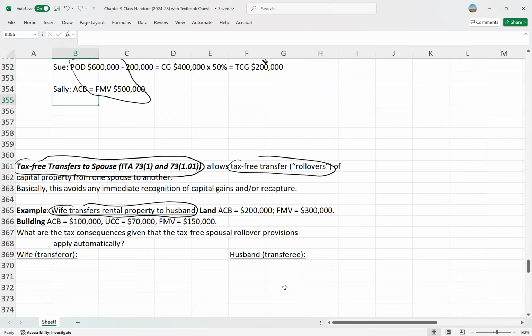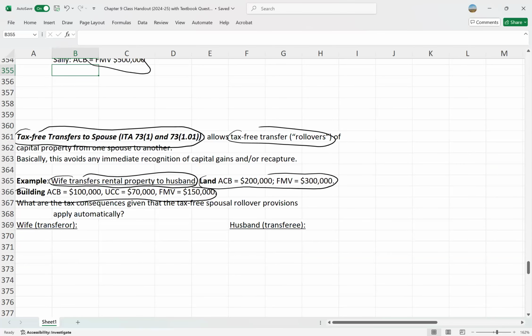So because it's a rental property, there's a land component and there's a building component. So let's look at the land first. Basically, if the land was transferred at fair market value, the fair market value would be 300,000. So that's the fair market value of the land minus the adjusted cost base of 200,000.